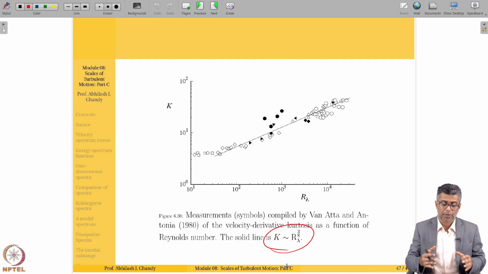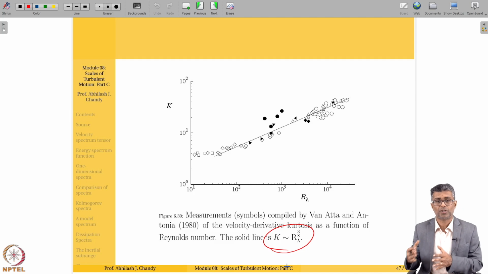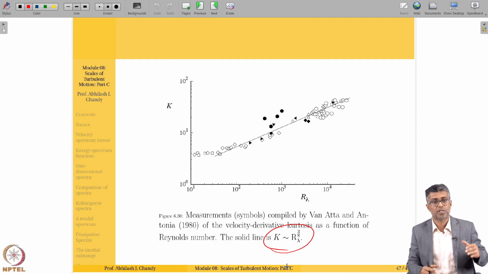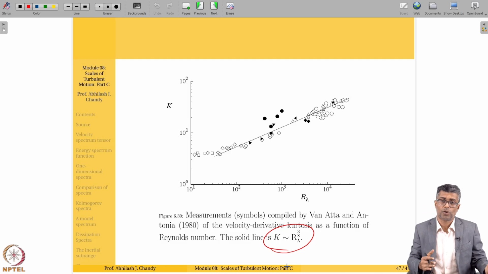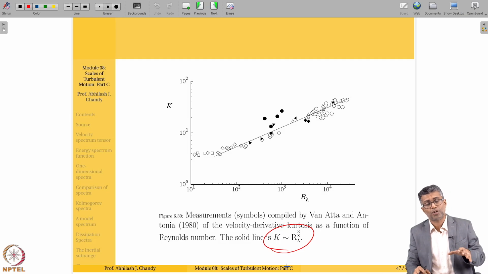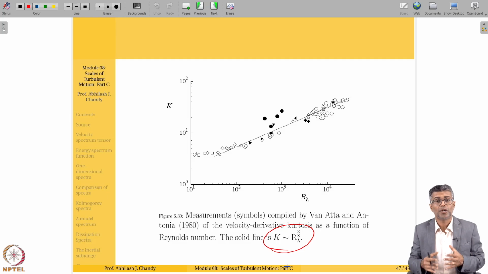So that is why typically when we run computations and try to compare them to experiments, sometimes you compare the mean alone and you say, okay, I have got great predictions. Does that mean my model is correct? If you compare variance and variances are also reasonably well predicted in comparison to experiment, do you say your model is correct? Maybe you can go a step further and compare your velocity derivative skewness and velocity derivative kurtosis to experimental data, if available, to see how closely they match.